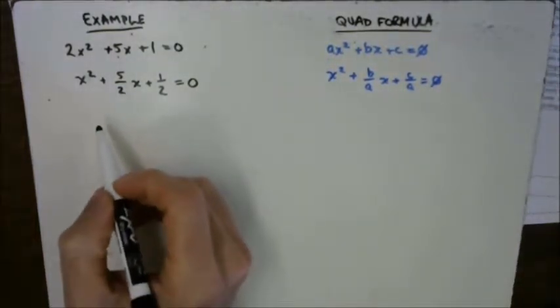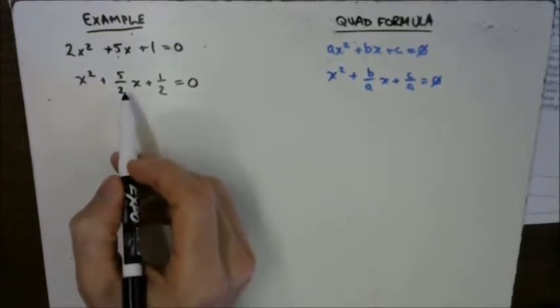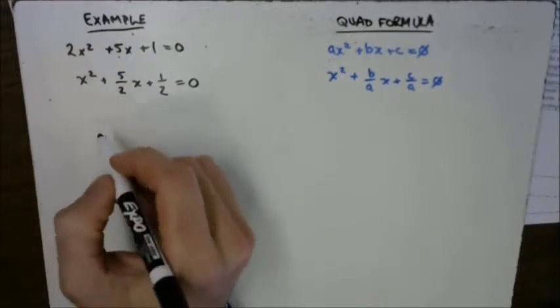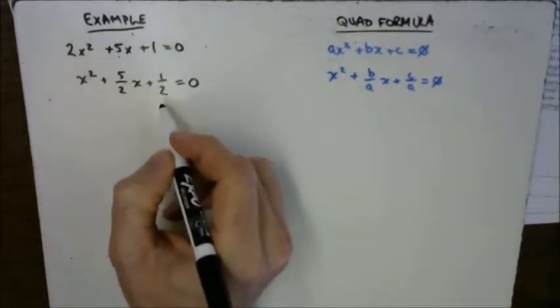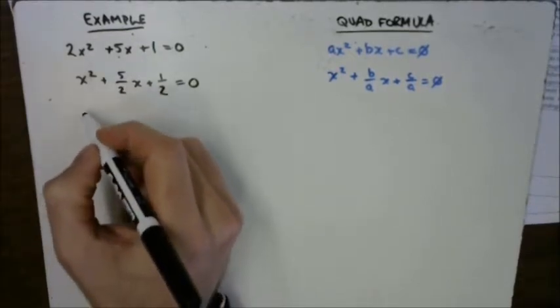Back to our left side. Now we're going to work on completing the square. So we're going to find half of b and square it. And we're also going to group our x terms. So we're going to do 2 steps in one. We're going to leave the half on the outside of the brackets. Then we're going to take half of this and square it.